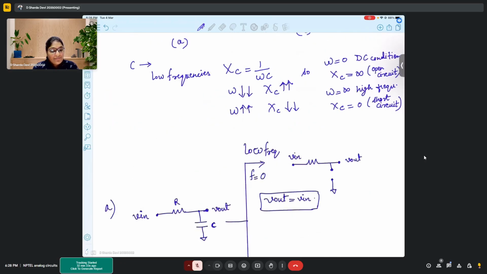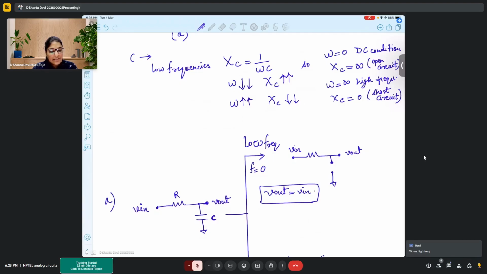The idea was that in low frequencies, to get a value, we are considering the frequency to be 0. In high frequency, we are considering ideally the frequency to be infinite, just for simplification of calculations and for understanding.